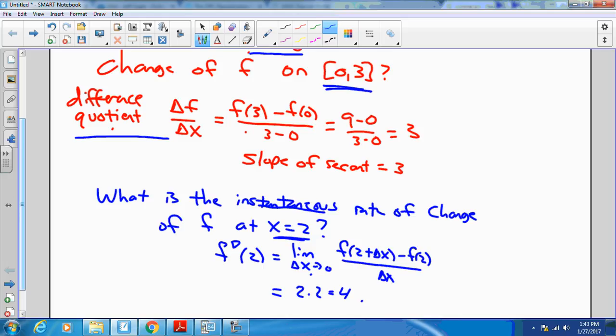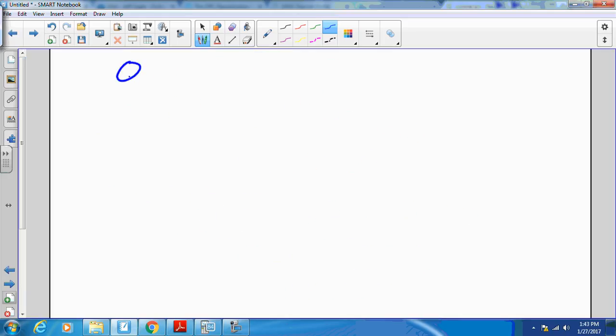Now the big question. Suppose I give you a function and I tell you some things about its instantaneous rate of change. Can you figure out some things about its average rate of change from that information? Or vice versa. Suppose I tell you something about the average rates of change. Can you figure something out about instantaneous rates of change? Maybe so. And that's really what we're going to explore over the next 2 days. But to get there, today we're going to focus on just one theorem, which is Rolle's theorem.